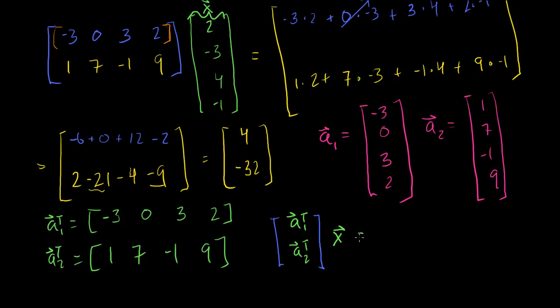This first row that we wrote out was A1 dot x, and you know all about dot products. It's -3 times 2 plus 0 times -3 plus 3 times 4, and so on. It's A1 dot x.